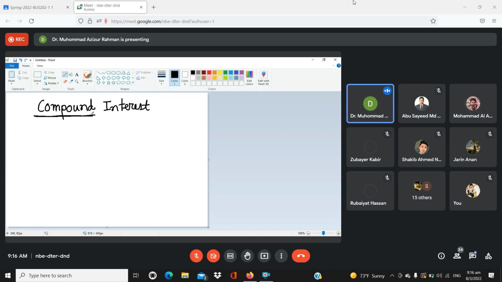Here compound means when the interest gets added up to the principal amount. Basically, in simple interest rate we are calculating one rate all over the year. But compound is conversion time. Conversion time is changed.